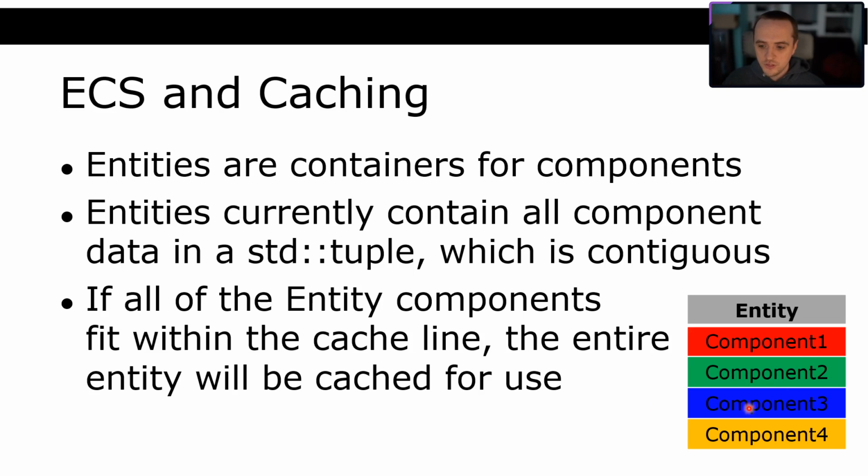And then when we look up the third component, well, that might be a cache hit as well. And so that's pretty good. Like, if the entire entity fits within the cache and all this is contiguous, then if we do something with component 1, then do something with component 2, then do something with component 3, none of those are cache misses. So that's at least somewhat of a benefit.